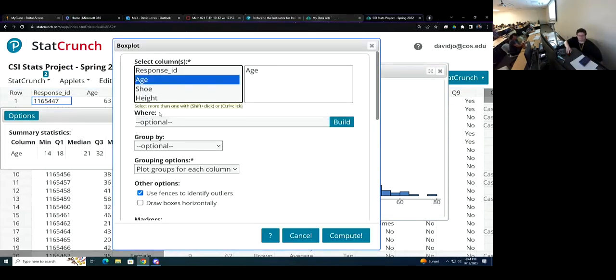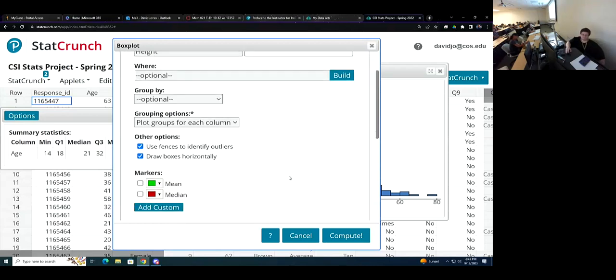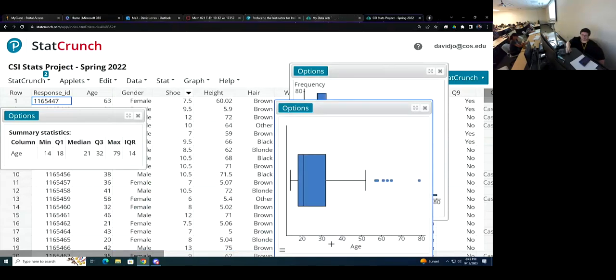Click on the column you want and make sure you click draw boxes horizontally. So they used the vertical lines. I didn't put them there. They make it look like a lopsided TIE fighter, Star Wars.